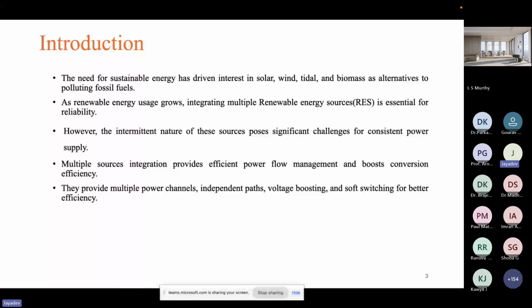So these are not in our hand. So what do we do to eradicate this problem? We integrate more than one source, so that if one source is unable to supply sufficient power, then the other sources will supply the demand.